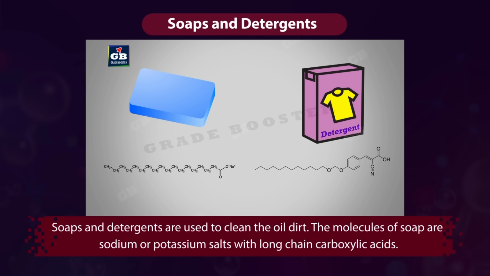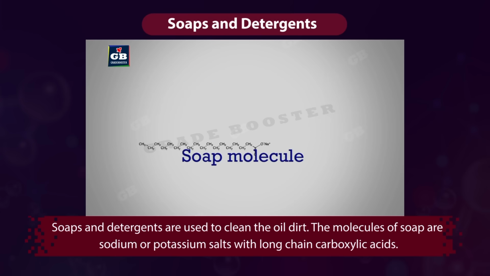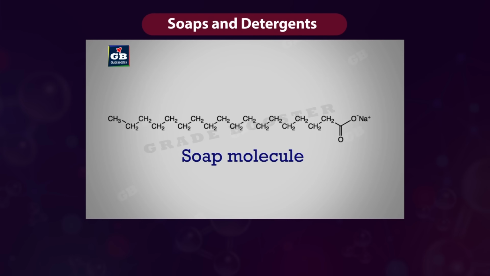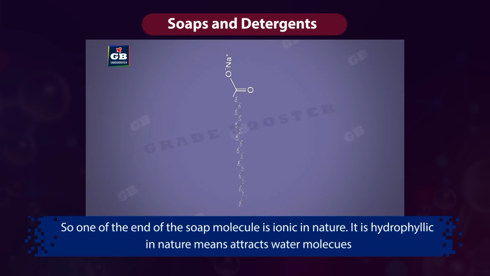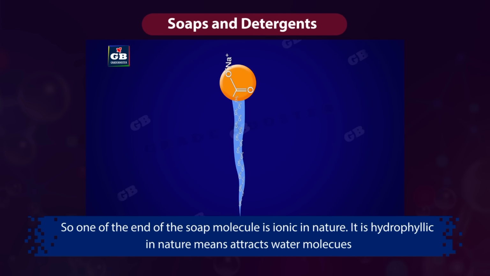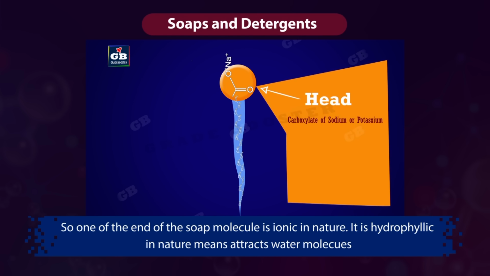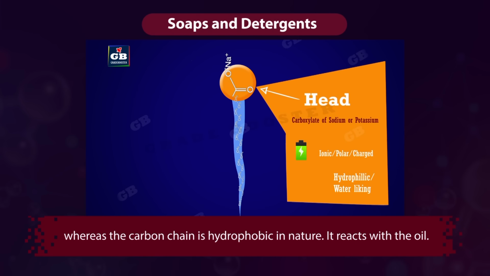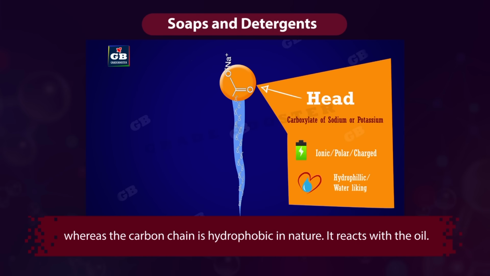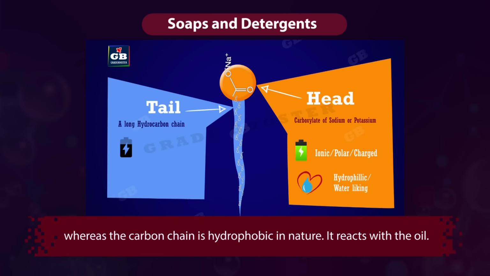The molecules of soap are sodium or potassium salts with long-chain carboxylic acids. So, one end of the soap molecule is ionic in nature. It is hydrophilic in nature. That means it attracts water molecules. While the carbon chain of the soap molecule is hydrophobic in nature, means it reacts with the oil.